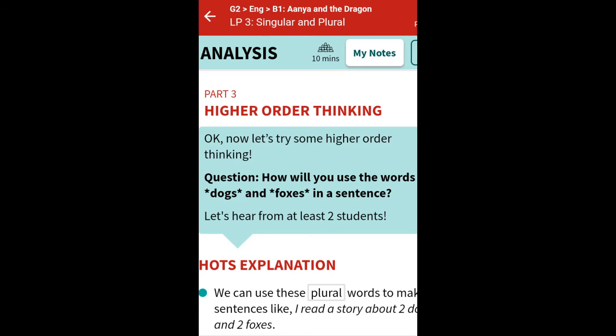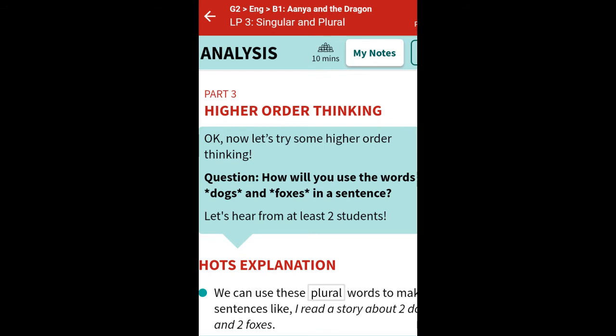Now look to the next box. Forming plural nouns. Singular. Now what are singular nouns? Dog, bird, apple, student. Here in these words only s is being added to make them plural. Now see in the second part, plural. Add s: dogs, birds, apples, students.